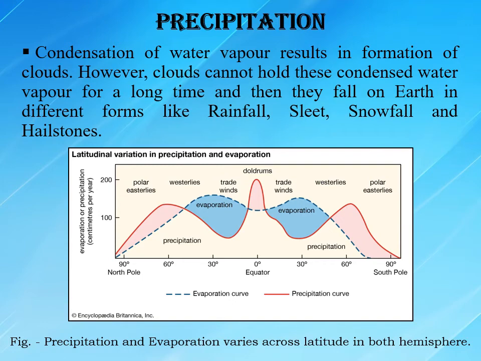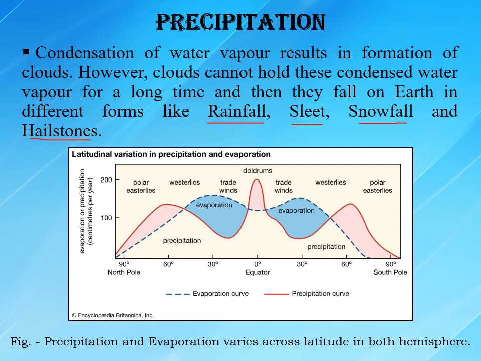Now, one interesting observation is found if we look at the distribution of evaporation and precipitation at different latitude conditions. Now, we all know that evaporation, which depends mainly on the incoming solar radiation, varies from Tropic of Cancer to Tropic of Capricorn, depending on the inclination of Earth's axis at different positions in its orbital path.